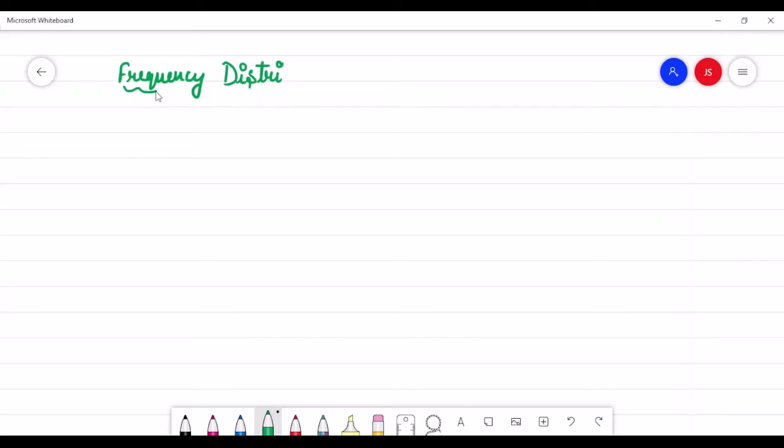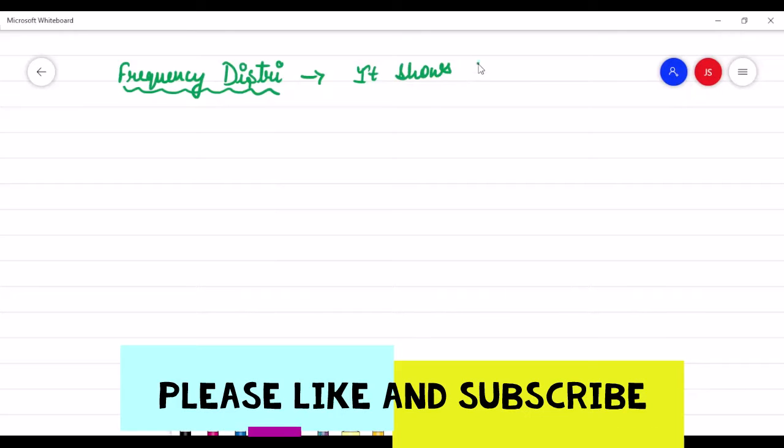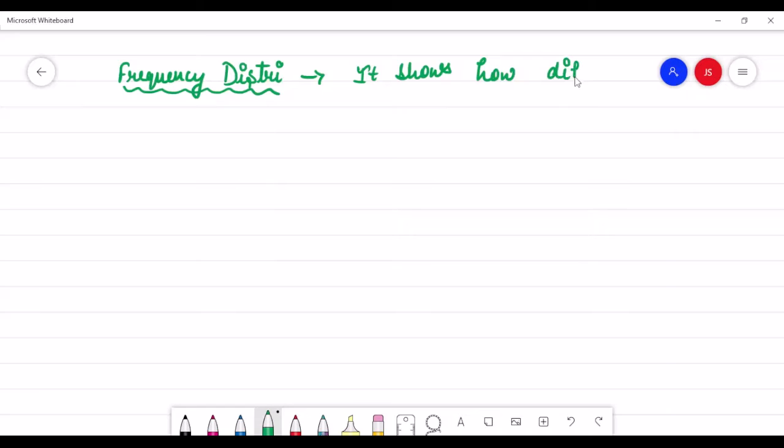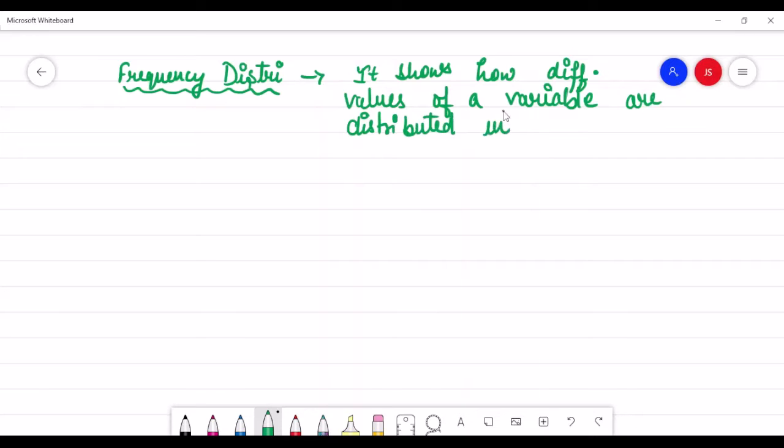It shows how different values of a variable are distributed in different classes. I hope this is clear to you guys.